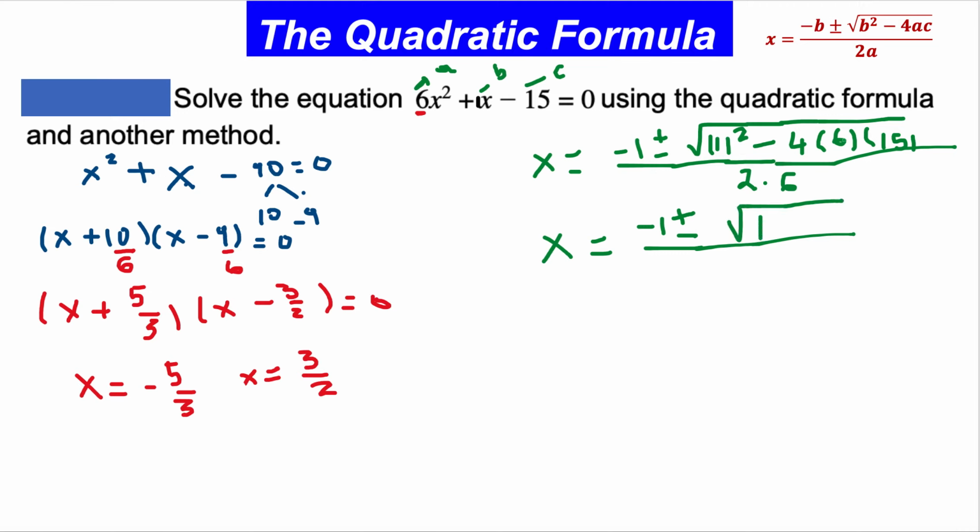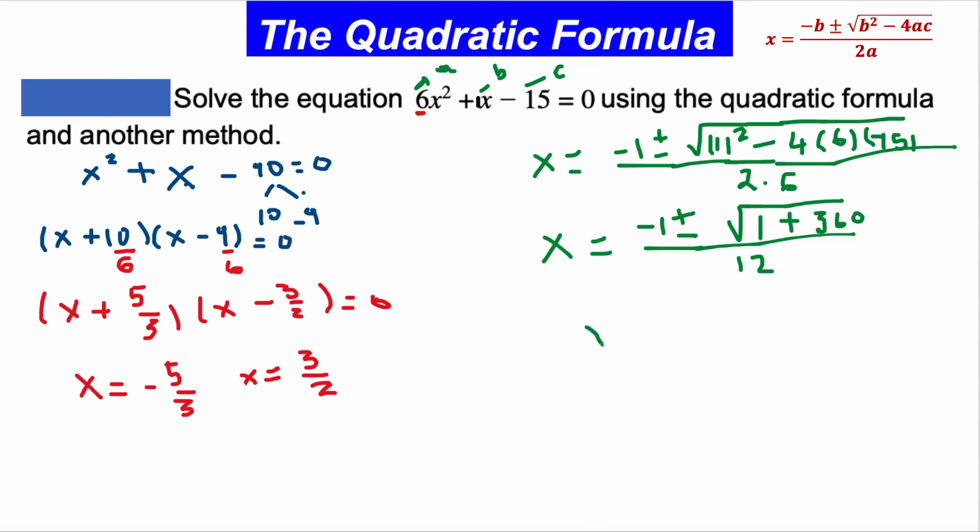Here c is negative, so we have to write negative, and negative times negative is a positive. So first of all, we take care of the sign. And 4 times 6 times 15, when you calculate in a calculator, you get 360. And here 2 times 6 is 12.